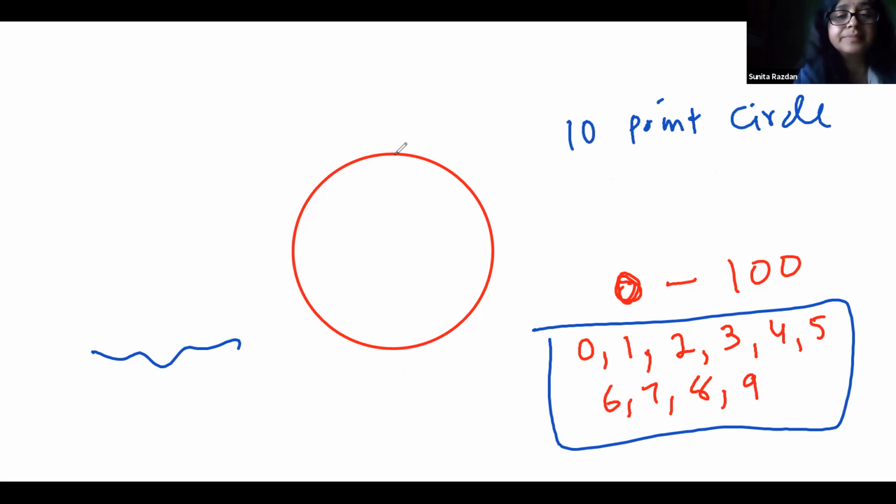What does that mean? Here, I put 10, 1, 2, 3, 4, 5, 6, 7, 8, 9.